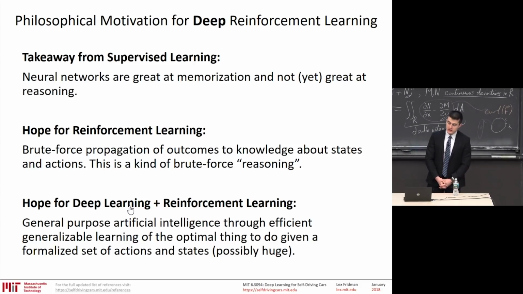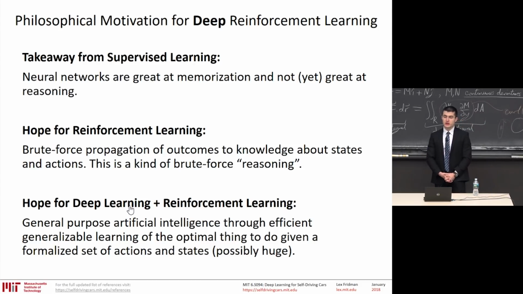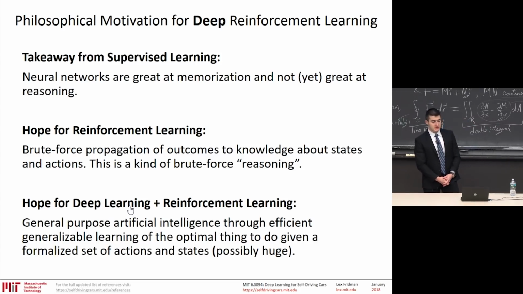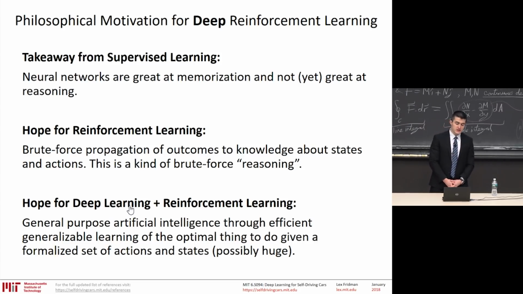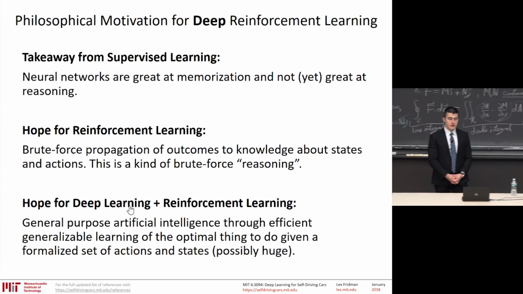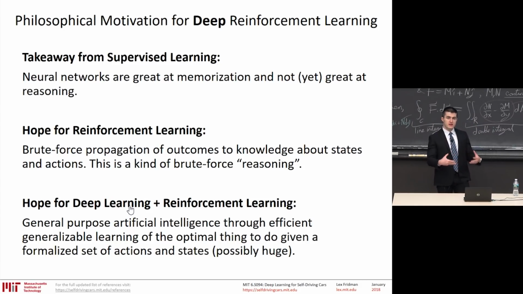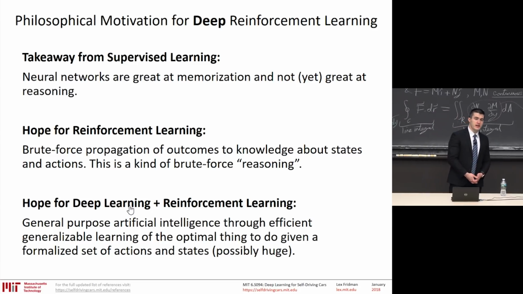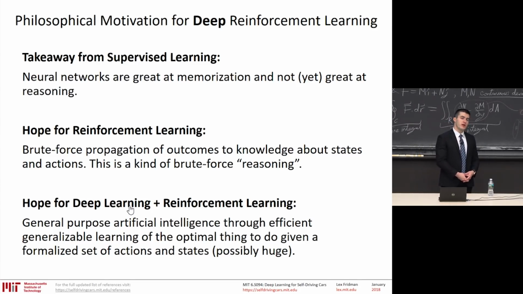Deep learning allows us to do so on much larger state spaces, on much larger action spaces, which means it's generalizable. It's much more capable to deal with the raw stuff of sensory data, which means it's much more capable to deal with a broad variation of real-world applications.